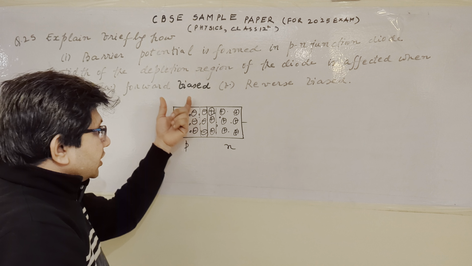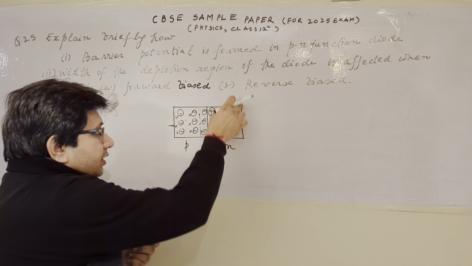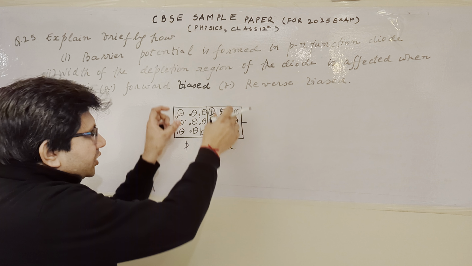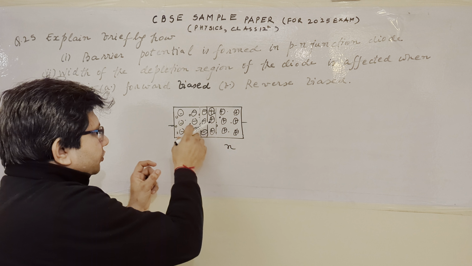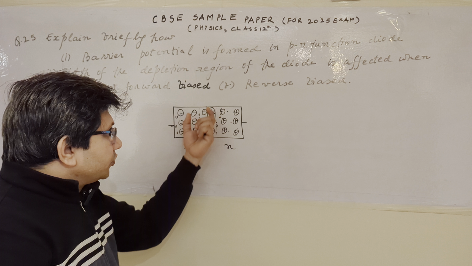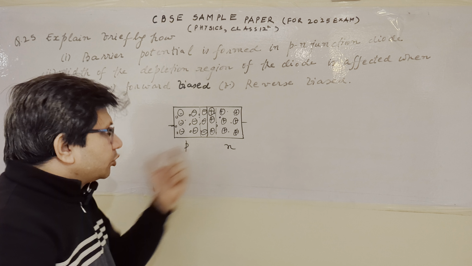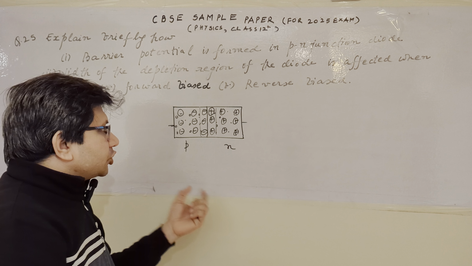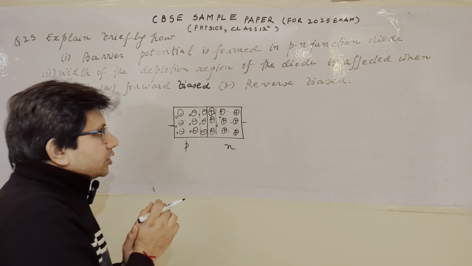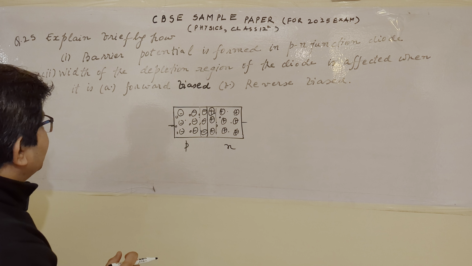On the left hand side, in the p side, there are mainly holes, and on the right hand side there are mainly electrons. So it is a kind of a positive plate and a negative plate, and in between there is a kind of insulating layer, a depletion layer having insulating properties. So this particular depletion layer creates a barrier potential. So this is the explanation of the first part of this particular problem.